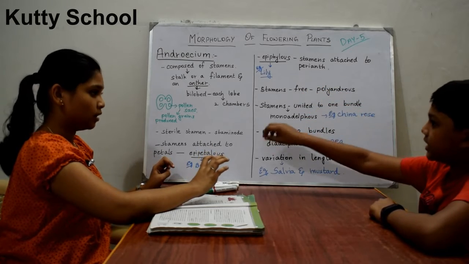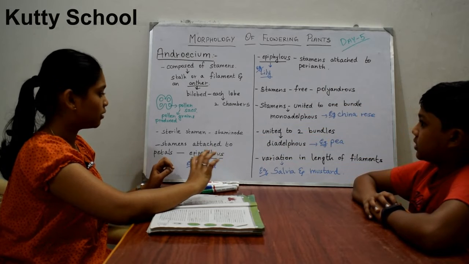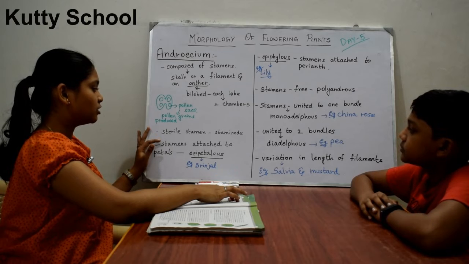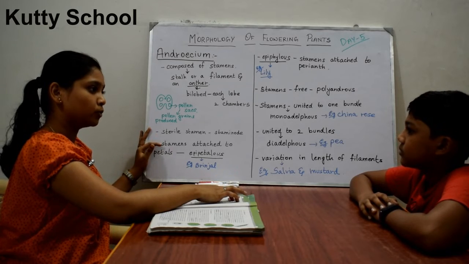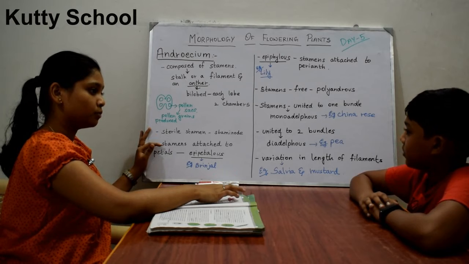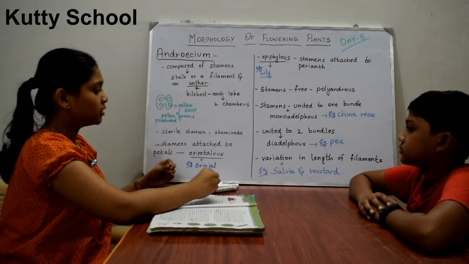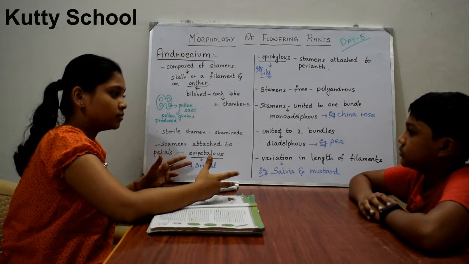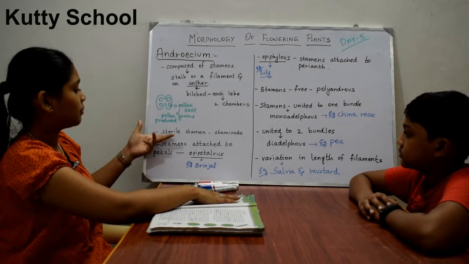Now we are going to discuss more about androecium. When the stamens are sterile, it means they do not produce pollen grains. They are sterile. Sterile means it does not reproduce.